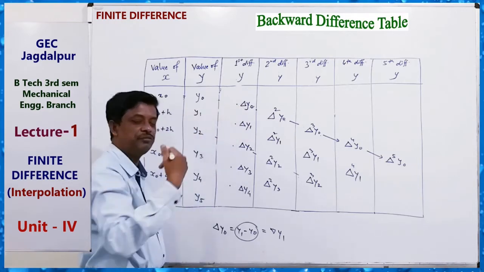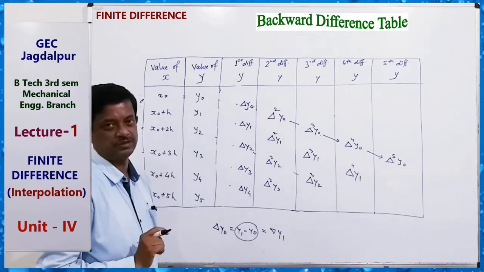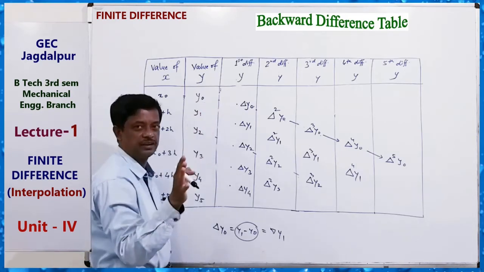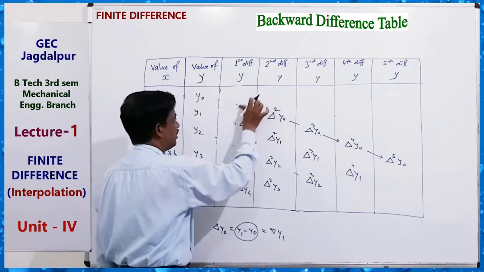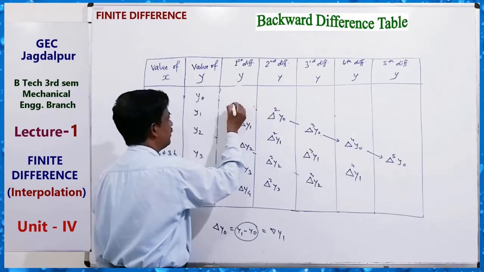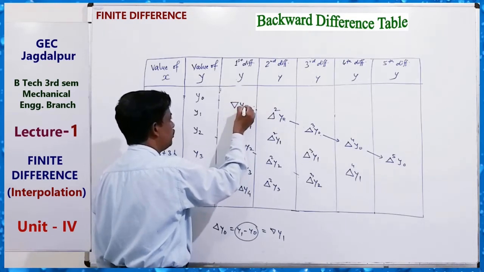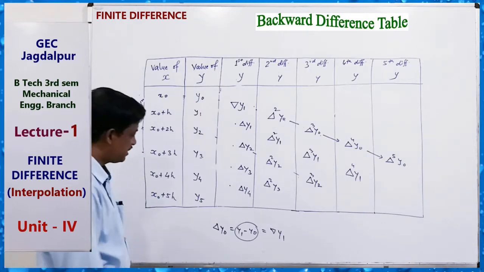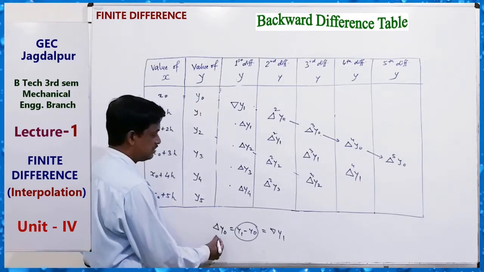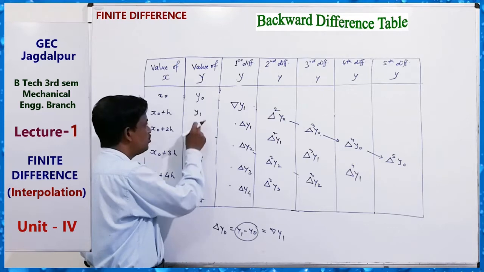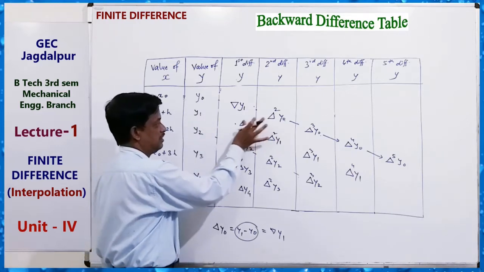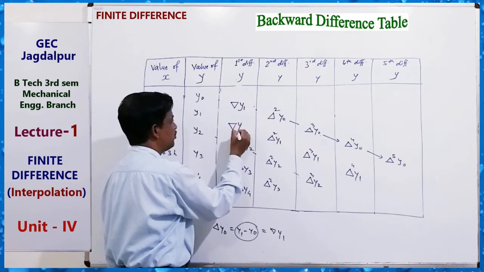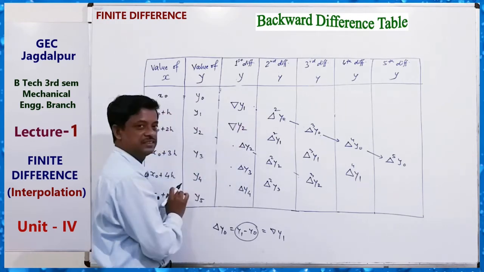But if we use backward difference notation, then y1 minus y0 means backward del y1. The index will be changed. Same, y2 minus y1 means backward difference y2 in between these.